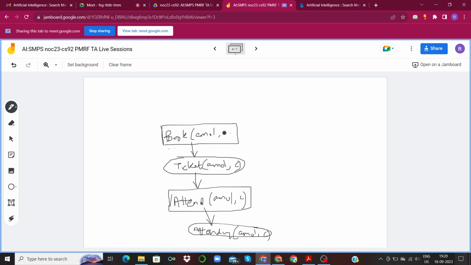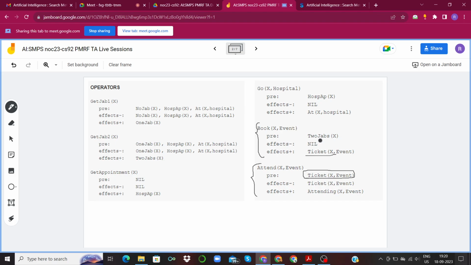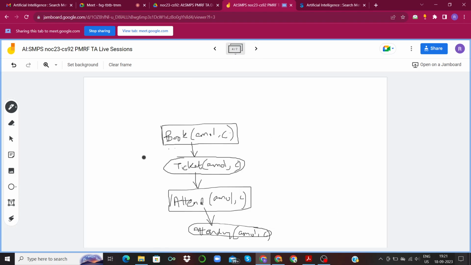Book a mole concert, and the precondition of the book operator will now become the goal that we need to satisfy, and that will be 2 jabs a mole. Okay, so let's add that. Two jabs a mole now becomes the goal that we need to satisfy.